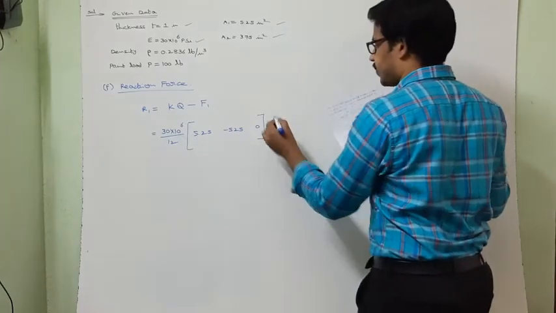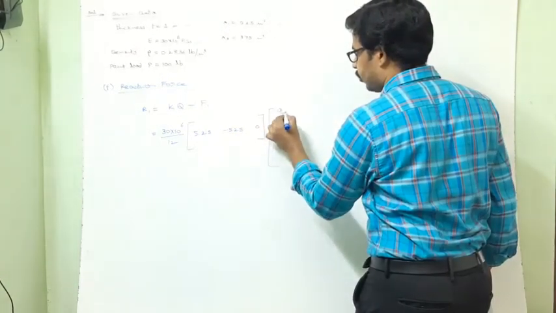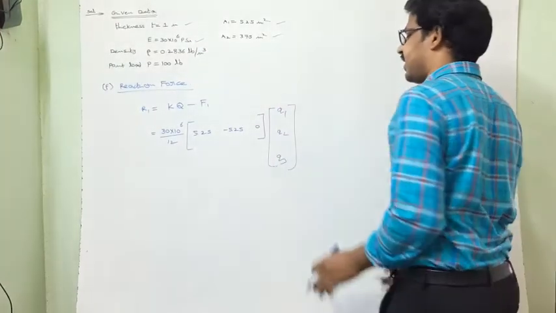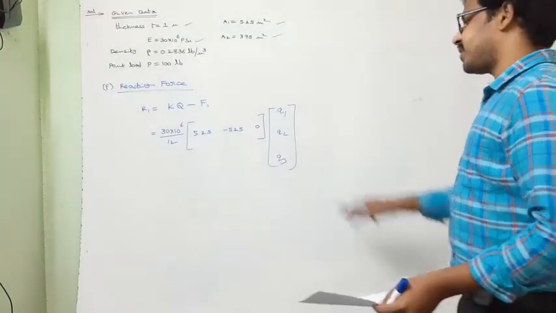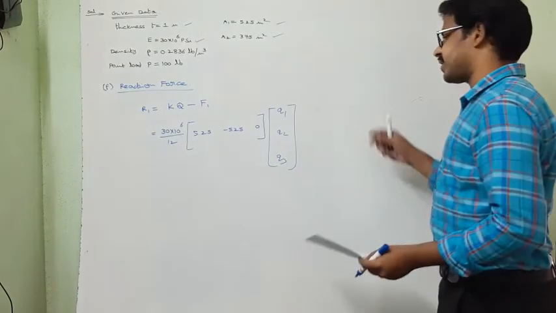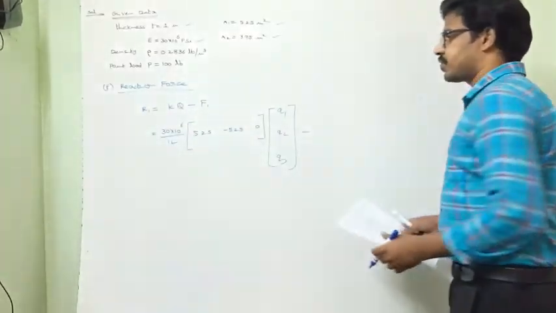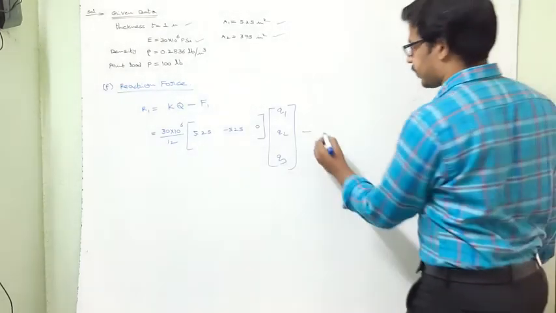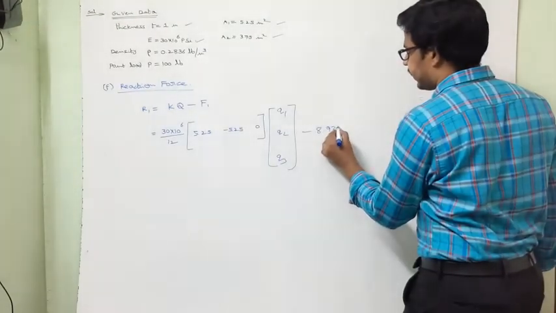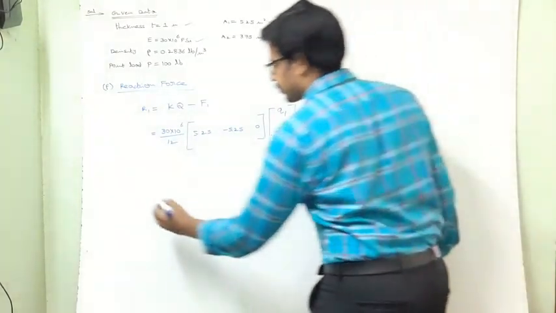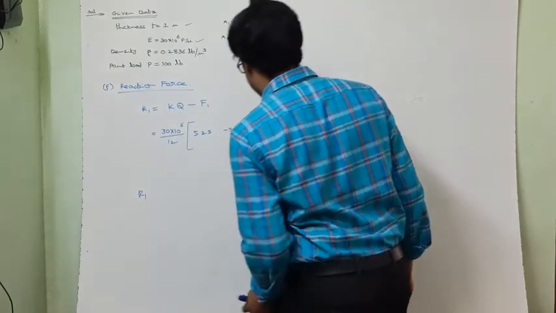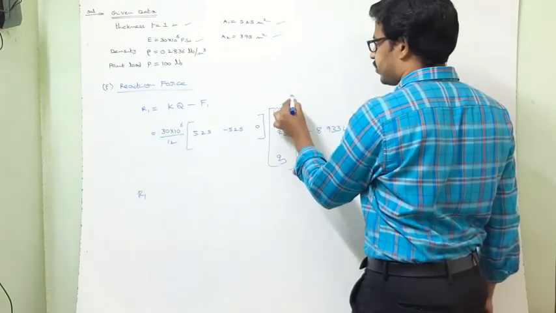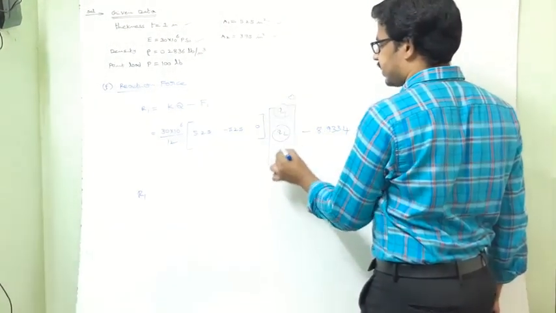What is the Q value? So here Q values is Q1, Q2 and Q3. So we need to substitute Q1 as 0 and Q2 is equal to 9 point something value and Q3 is equal to 9.9 something values. And what is the force vector? Minus F1 is equal to 8.9334. So here R1 value, we need to multiply Q1 value is 0 and this value is already calculated.